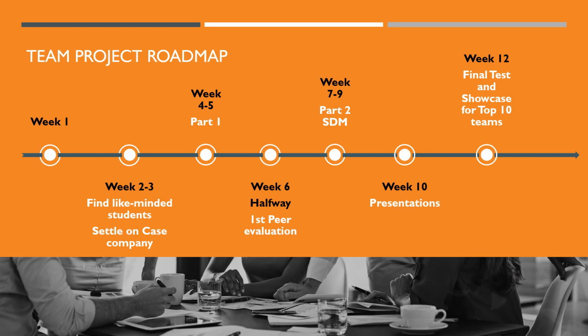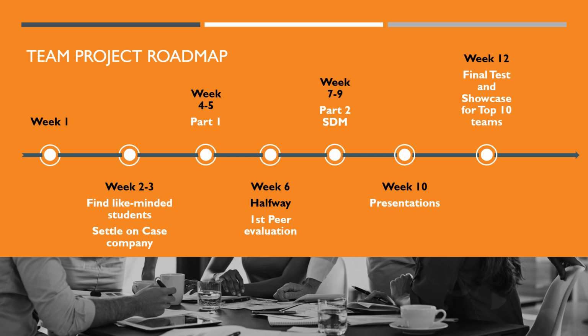Right, in terms of how the team project will play out for the entire semester, right now we're in week 1, week 2-ish, so at this stage we just want you to start finding like-minded students. We talked about how there are different streams set up, the high engagement, standard engagement, and competing priority stream in another video that I posted.